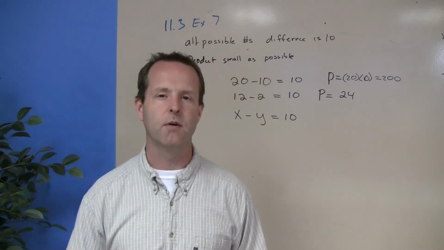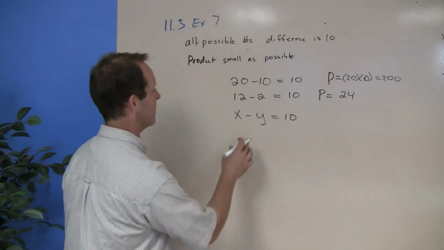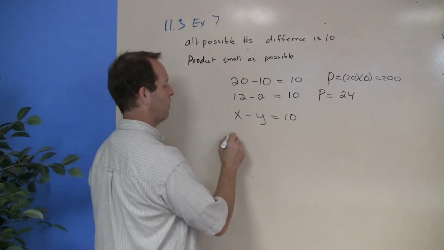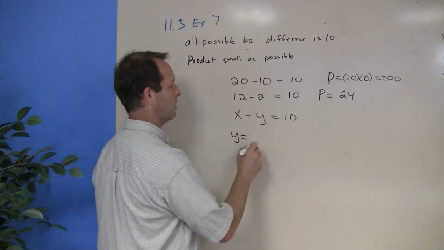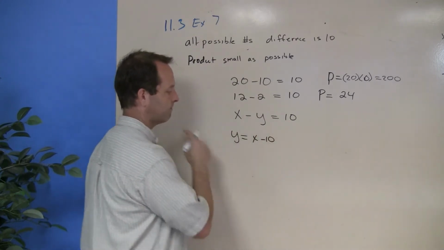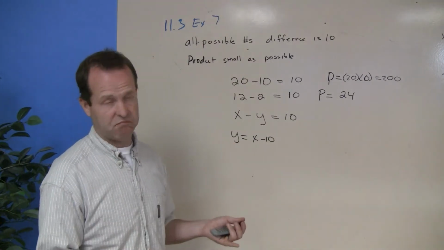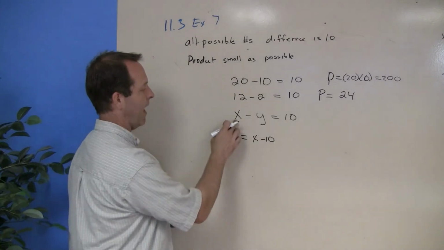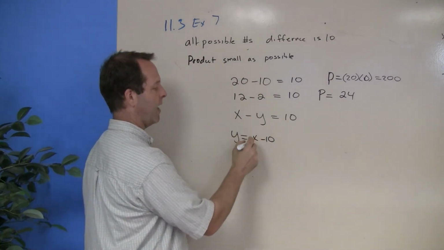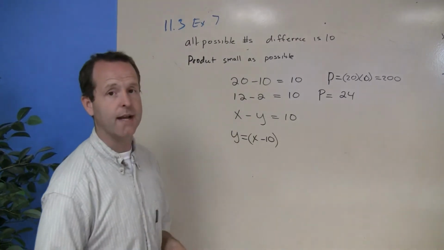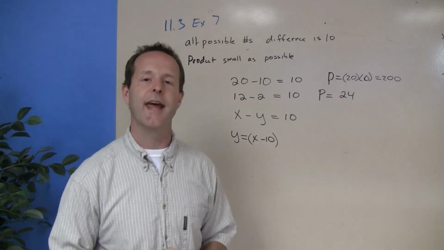Right now I have two variables. So I'm going to solve it for y. y equals x minus 10. So now I have roughly two numbers. I have x, and then instead of y, I can use x minus 10. There's my two numbers, x and x minus 10.